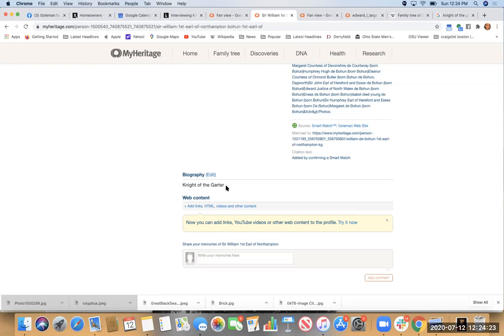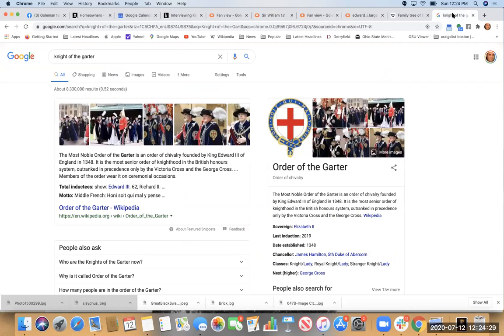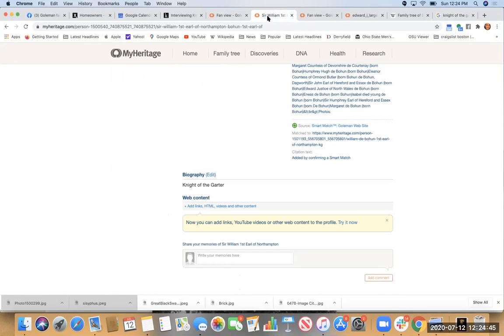And at first I thought that had to do with keeping your stockings up, but it turns out that Knight of the Garter is a noble order, and it's the highest level of chivalry founded by King Edward III in 1348. So bottom line, that's a big deal.